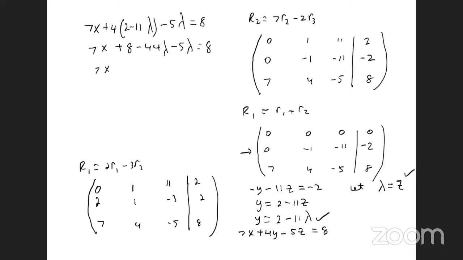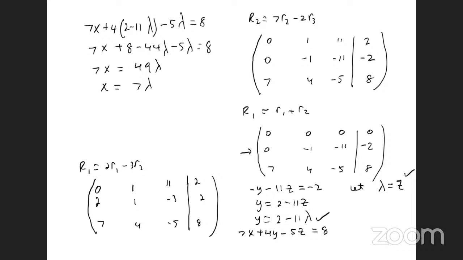So 7x is equal to, carry across the 8, it looks like it's canceling off, and I get 49 lambda. So x is equal to 7 lambda. Anybody got that? Anybody multiply it out? Just check and see for me.